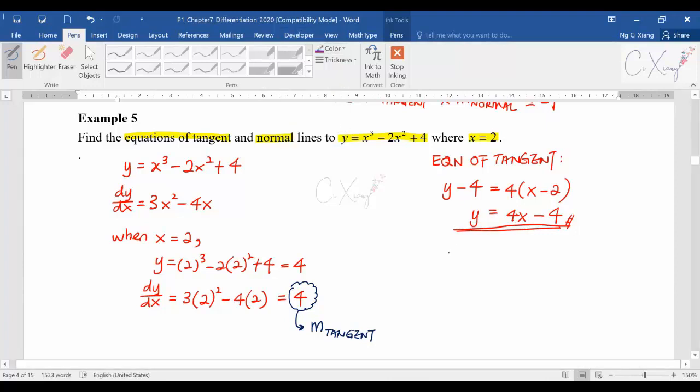Then now, how about we try to get the equation of normal? For the equation of normal, you need to get the gradient of normal first. So what is the gradient of normal? It is -1 divided by the gradient of tangent, so it is -1/4. Then I want to form the equation of normal.